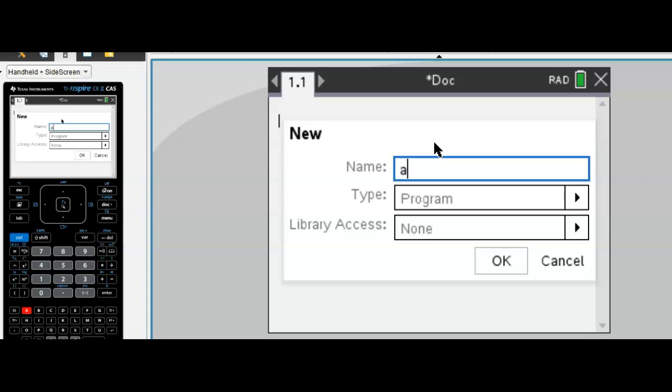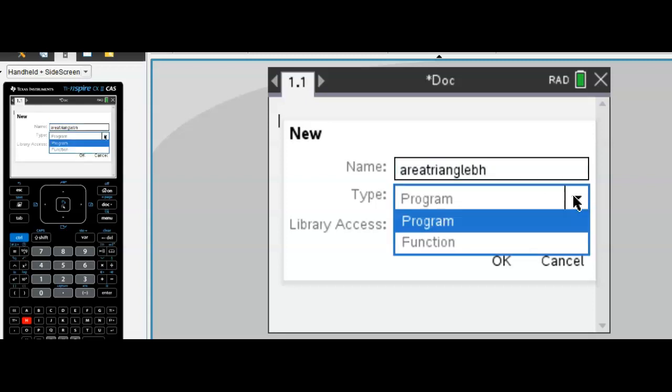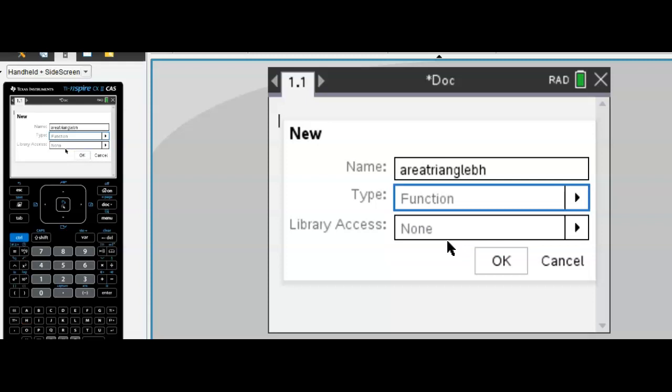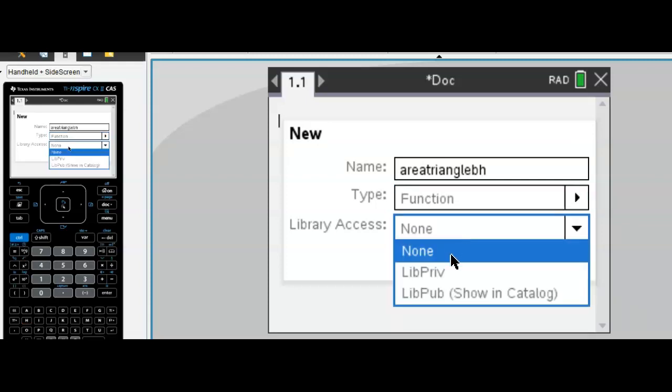So even if you just do area triangle and then BH for base height, whatever you use, you kind of need to remember, although it will be put in your calculator anyway. So don't think it's like a password that you entered 5 years ago that you're all of a sudden going to have to remember.